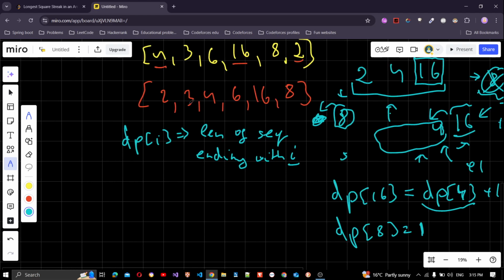So let's fill the dp array. When we're at 2, the 2 does not have a previous value for a sequence, because nothing squared gives us 2. So dp of 2 is just 1. dp of 3 is the same, just 1.